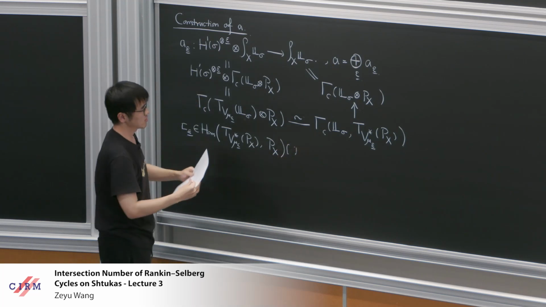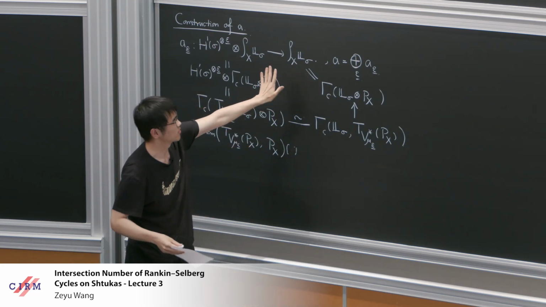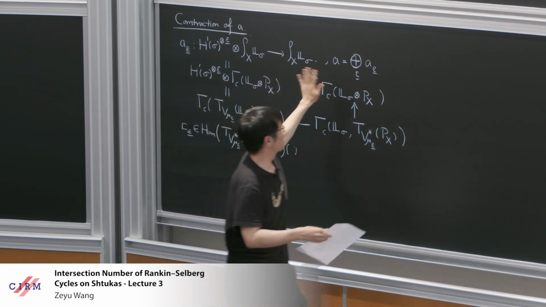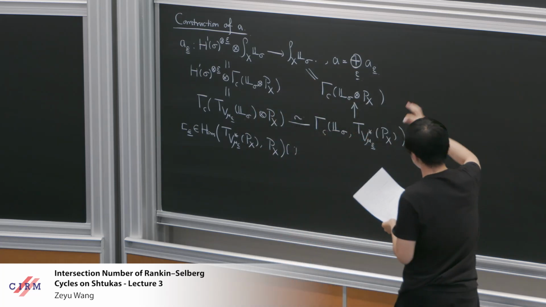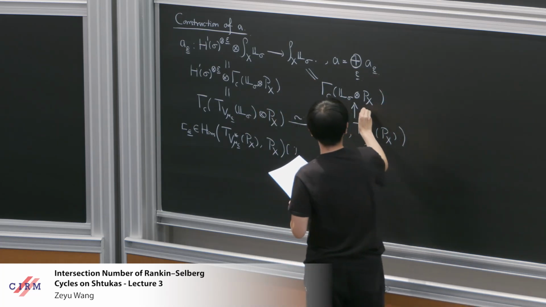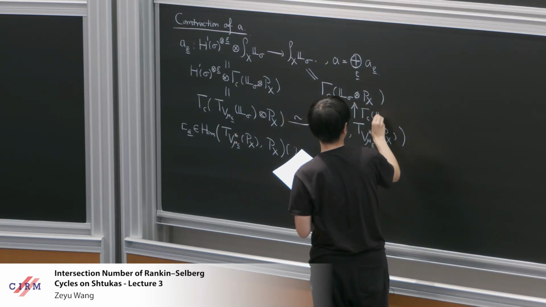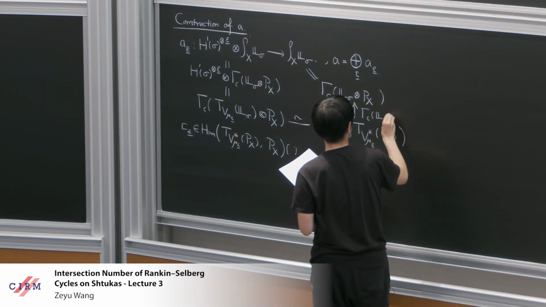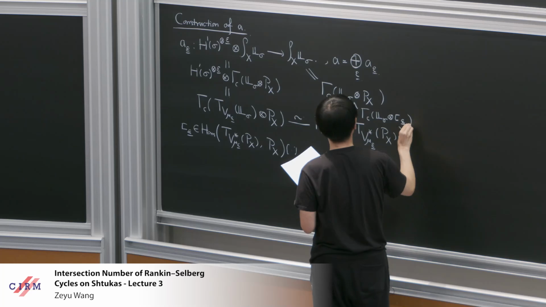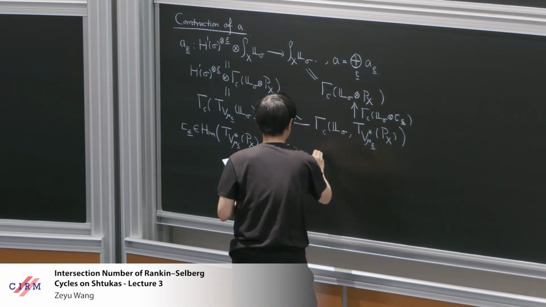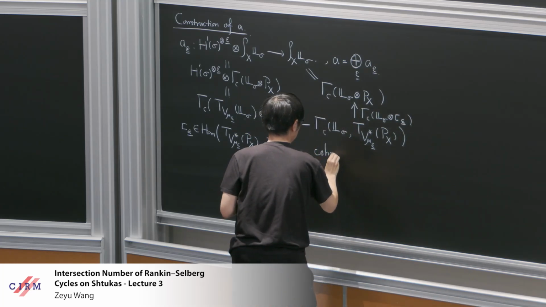Potentially there's some shift, which we just ignore. This map is just induced from this thing, and this is the data for cohomological correspondence.